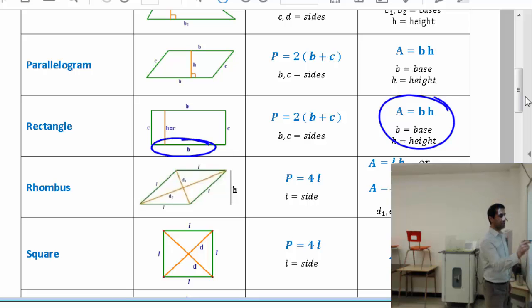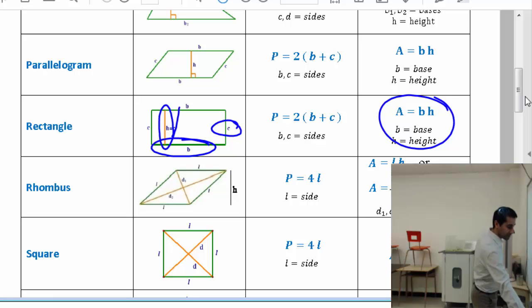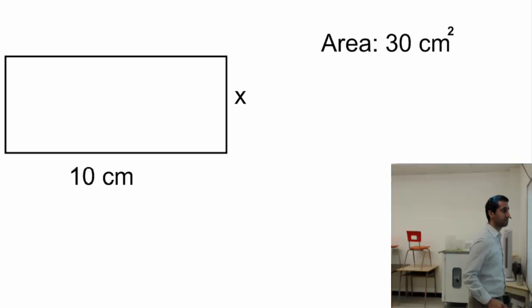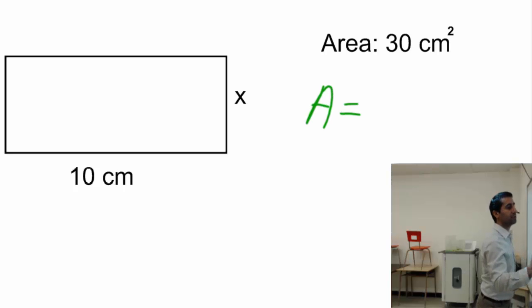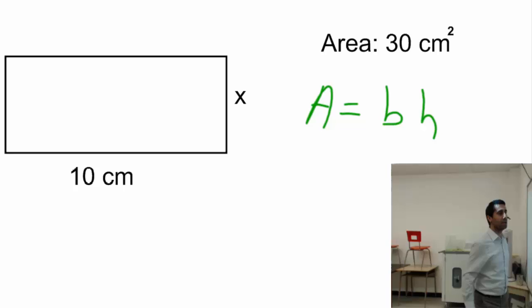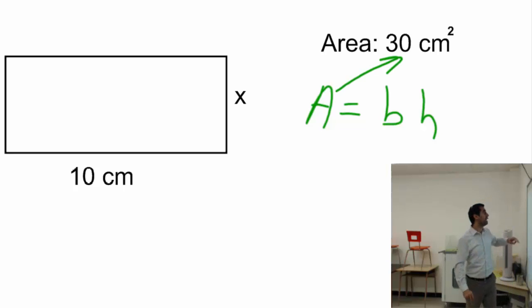This is the B, that is the H, which is equal to C. Let me write that down. Area equals BH. Now I know the area, which is 30. Let's substitute the information that's given to us.